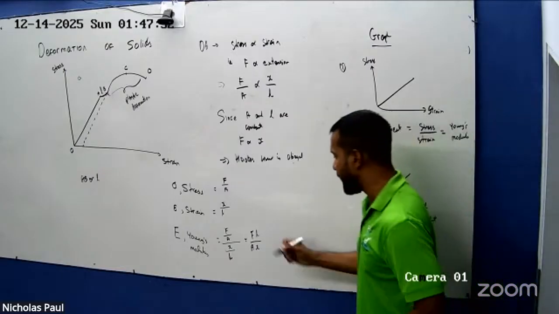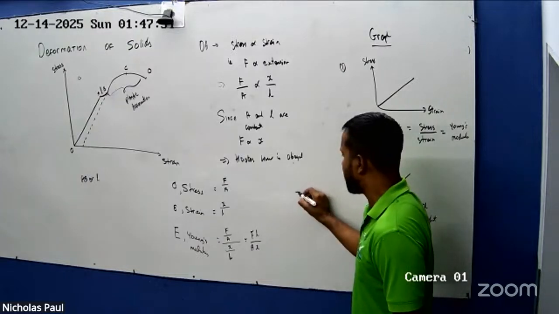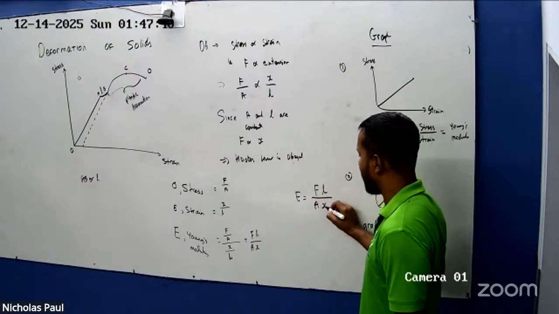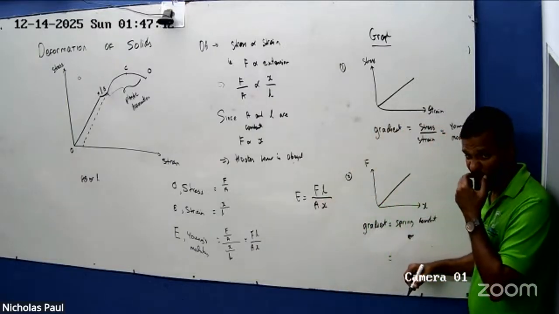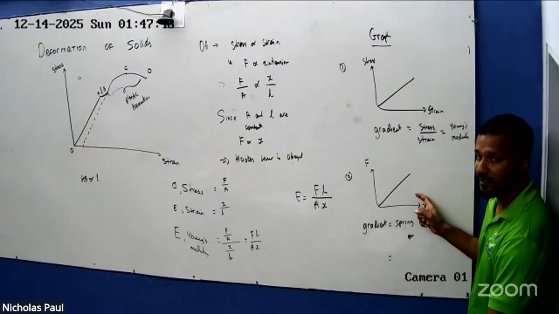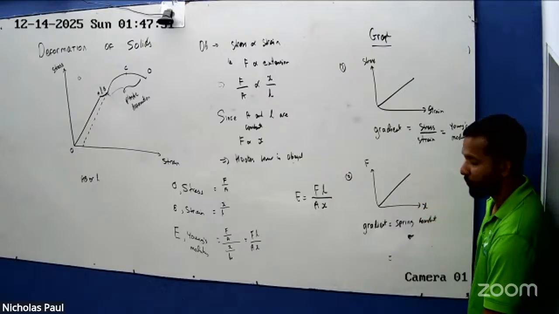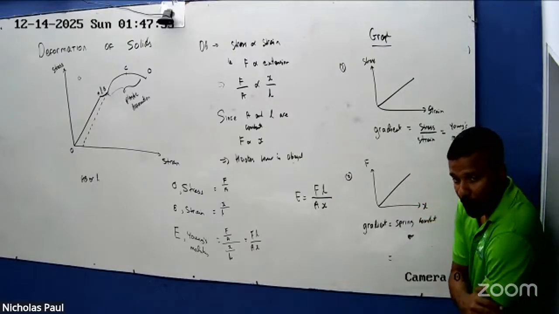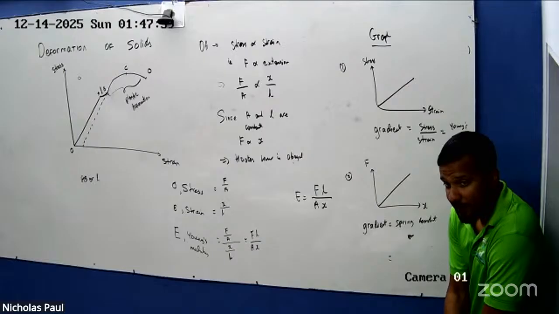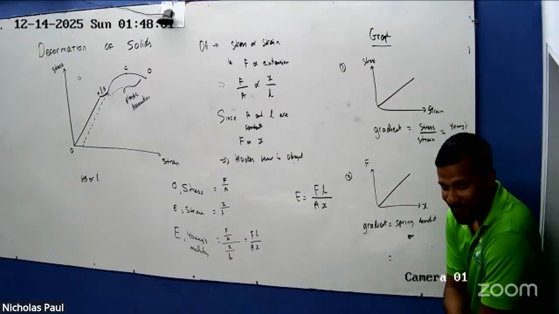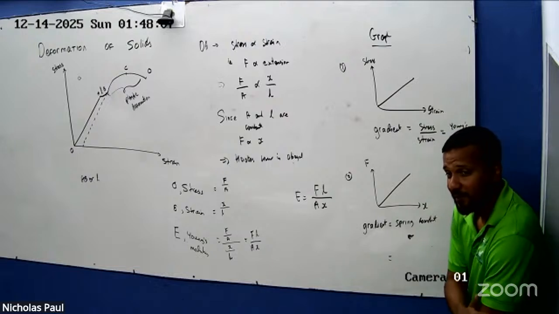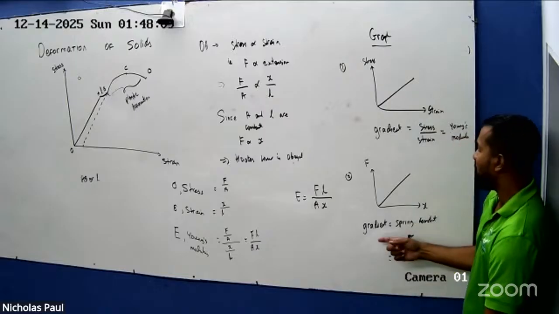I just wrote here for you that Young's modulus is equal to F times the length over the cross-sectional area times X. How can you use a graph like this to help you find Young's modulus? Any ideas? What does gradient normally give you?